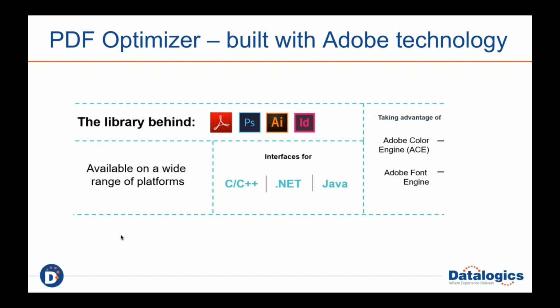At some level, the Adobe PDF Library is being relied upon to do all of these things. So, for virtually anything that you can do with Adobe Acrobat, you're going to require the Adobe PDF Library, which means that PDF Optimizer was written with the tool that's the primary workhorse behind Adobe Acrobat.